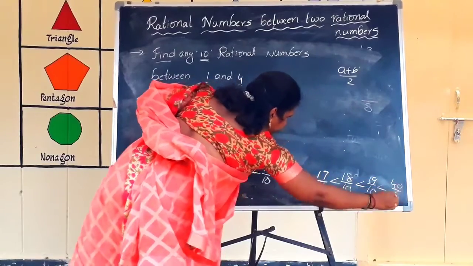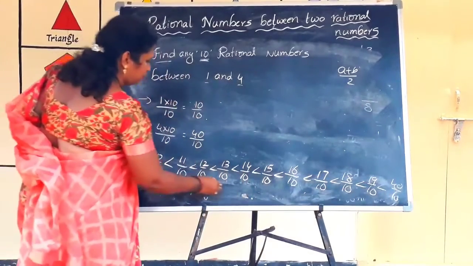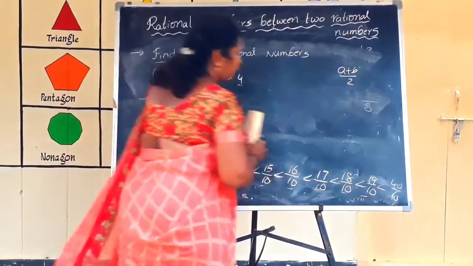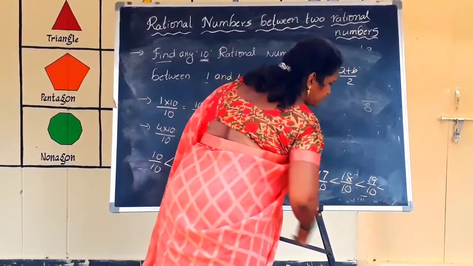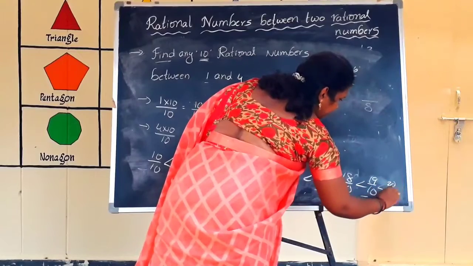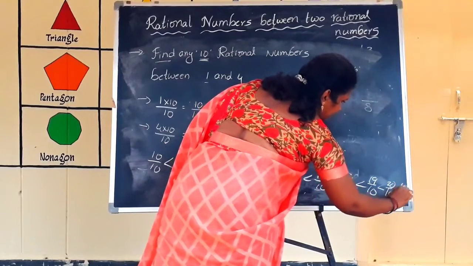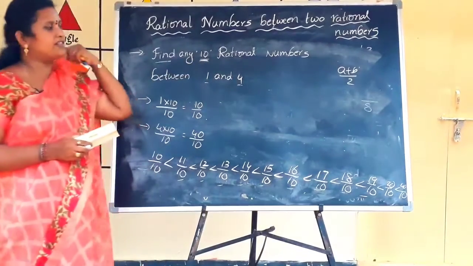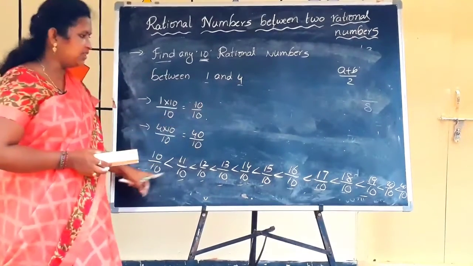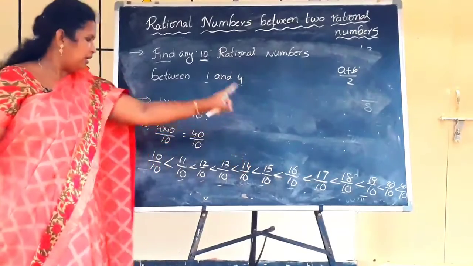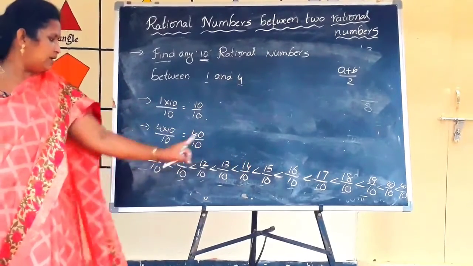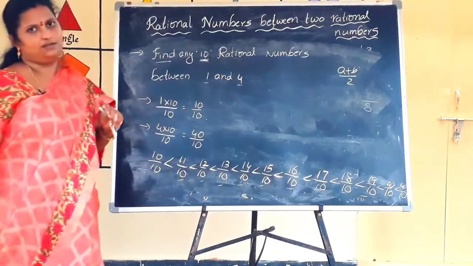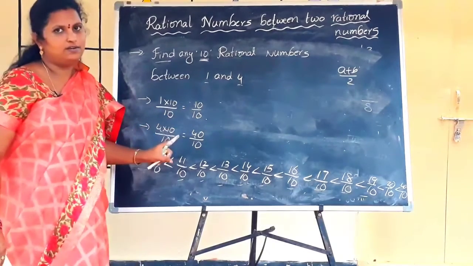This is 40 by 10. This is 1, 2, 3, 4, 5, 6, 7, 8, 9, and one more, that is 20 by 10. So like this we can insert more, but they are asking for only 10 rational numbers between 1 and 4. So like this we can insert any number of rational numbers between any two rational numbers by using this method. Is it easy or not?